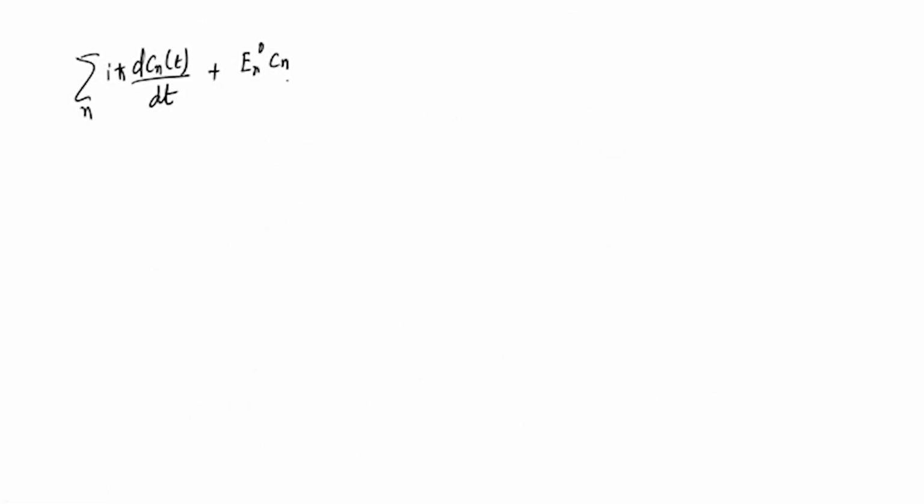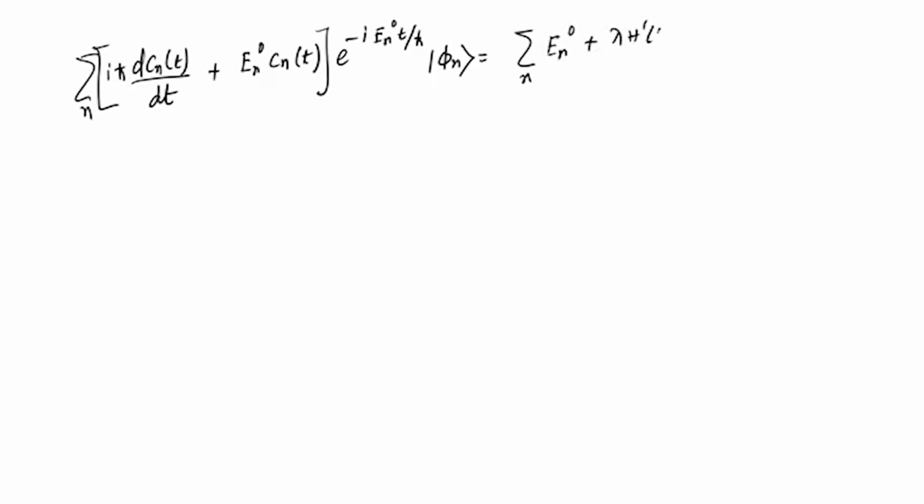So, it is E n 0 C n of t times exponential minus i E n 0 t over h cross, and then there is a phi n, and this is equal to E n 0 again plus lambda H prime of t, and C n of t exponential minus i E n 0 t over h cross and phi n.